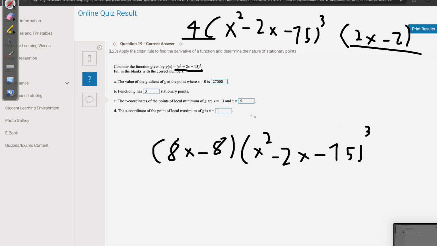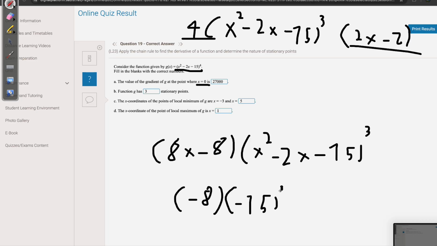Okay, then here they want x equal to 0. So when x is equal to 0, we're going to get negative 8 times negative 15 cubed.